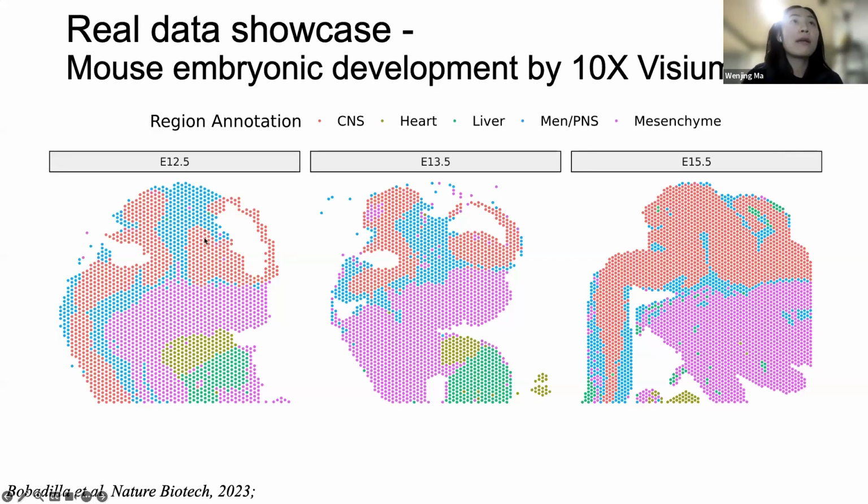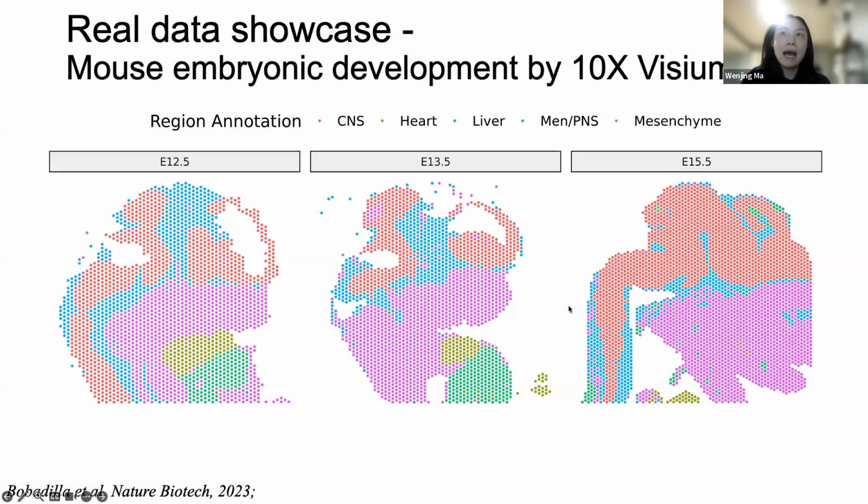So for this mouse embryonic development, at an earlier stage it captures more of the mouse embryo, say the brain region, the heart and liver, and later on it captures only part of the liver. And then in the 15.5 embryonic stage, it focuses only on the head and ignores the heart or liver.